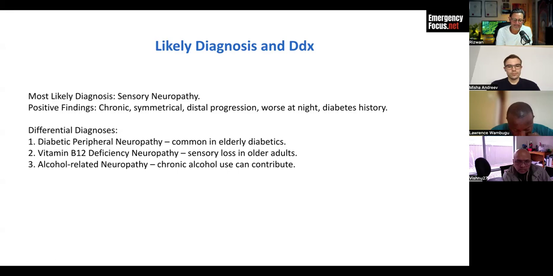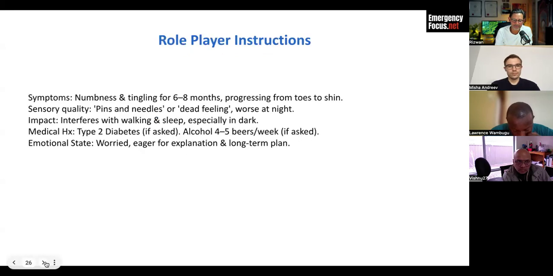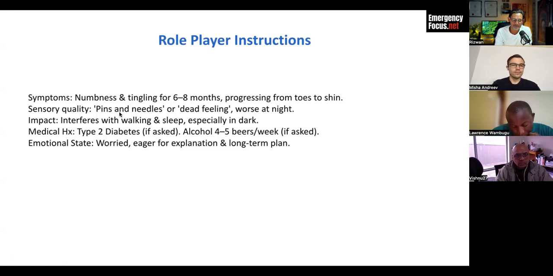Okay. So let's go on and explore further. So role player instruction, what would the actor be programmed to say? So obviously he would reaffirm the symptoms have been there for 6 to 8 months, mainly pins and needles or numbness and tingling, distal to proximal progression, dead feeling in the legs, obviously interferes with the walking, sleep, and especially in the dark.